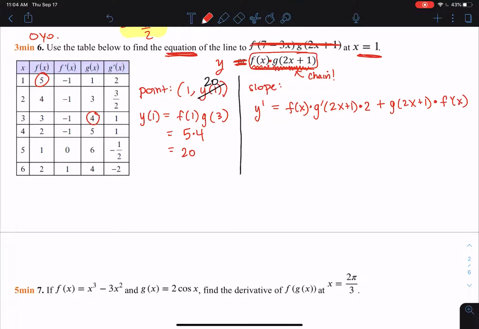We want the slope at x equals 1. So we're plugging in 1 everywhere. We can do some math. G of 2 times 1 plus 1 is just 3, so write it immediately. Don't forget to bring down the primes. It will throw your answer off if you forget to write them down.